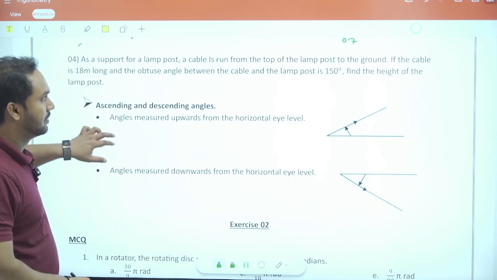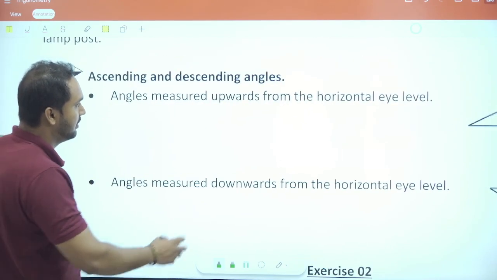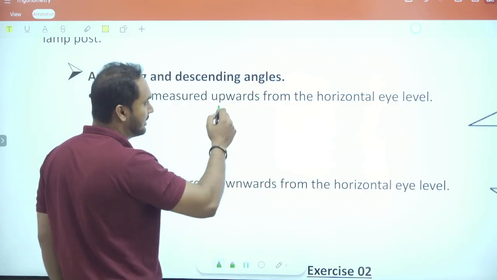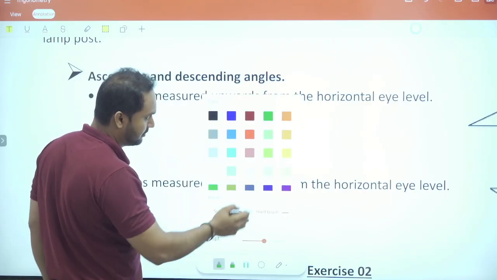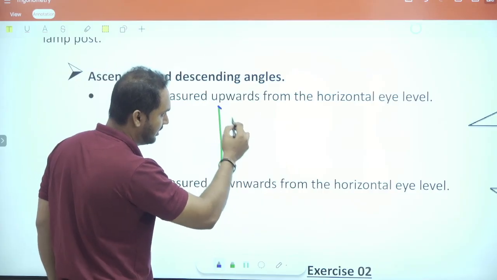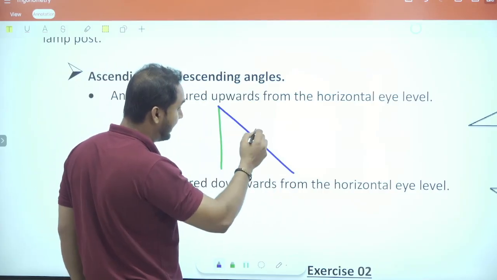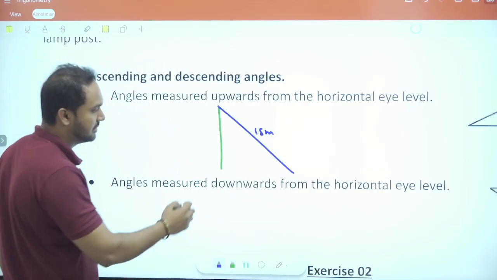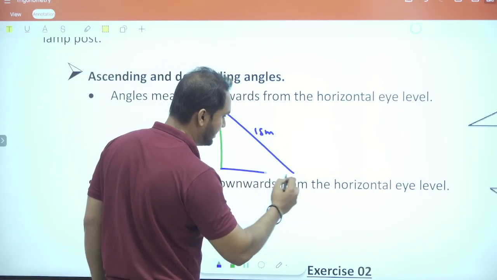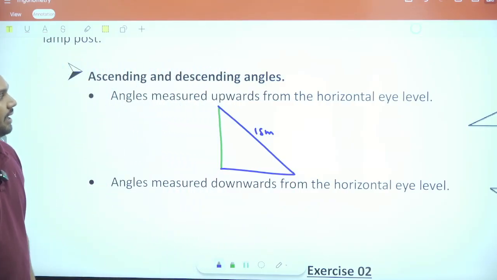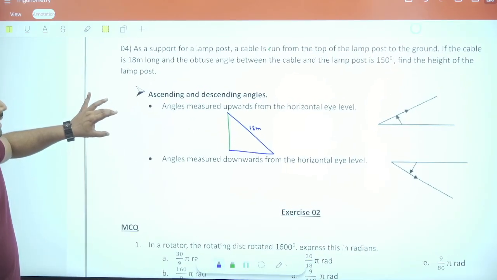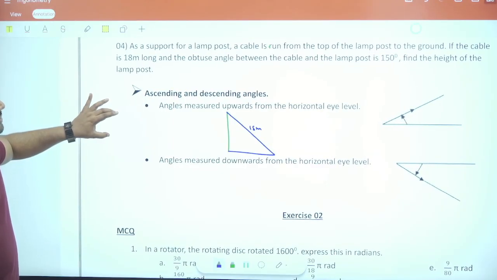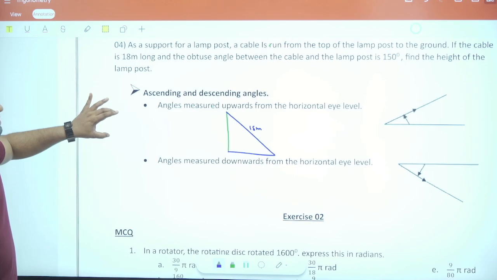So, it is like this, right? This is the lamp post, and it has a cable with the length of 18 meters, right? This is the ground. And the obtuse angle between the cable and the lamp post is 150, right?